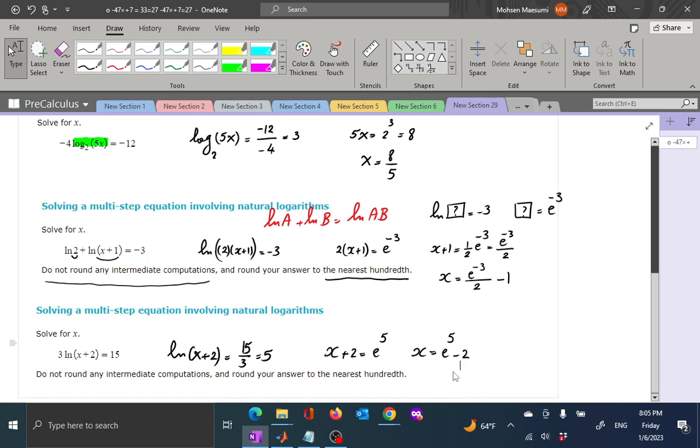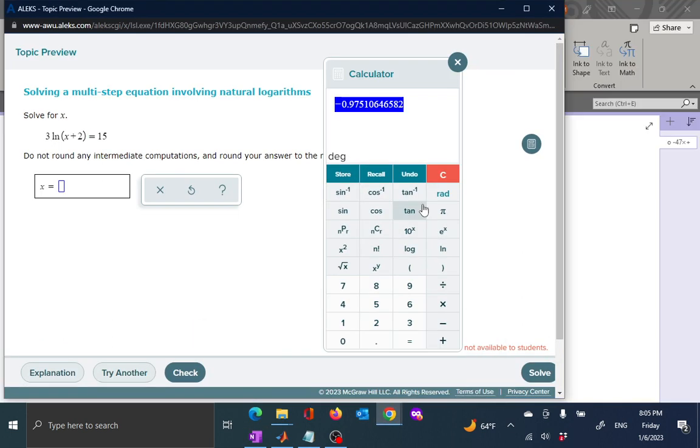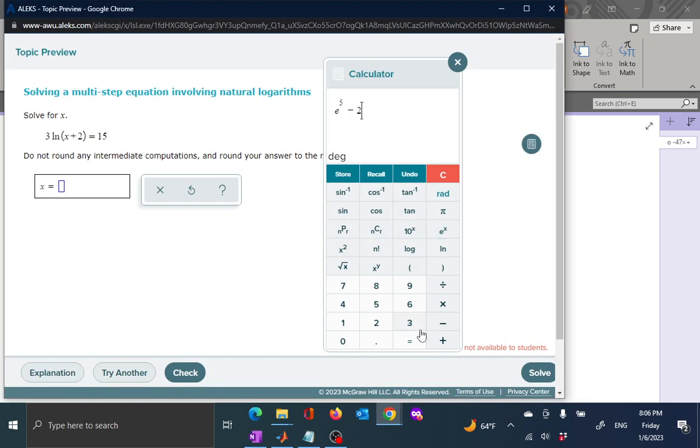In a problem like this there isn't really any intermediate computation to be worried about, but just to emphasize our general principle, which is to do all of it in one go: exponential of 5, minus 2, and that's all there is. 146.41 becomes our answer.